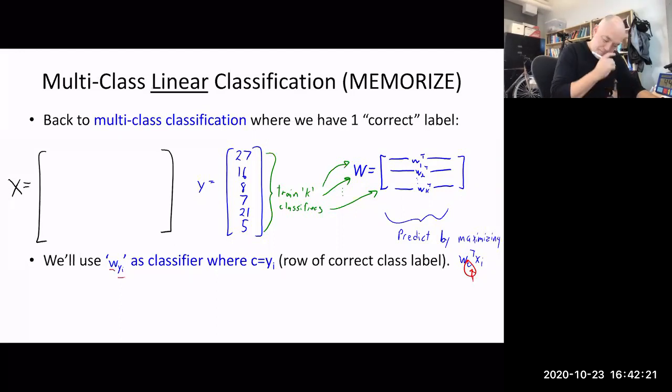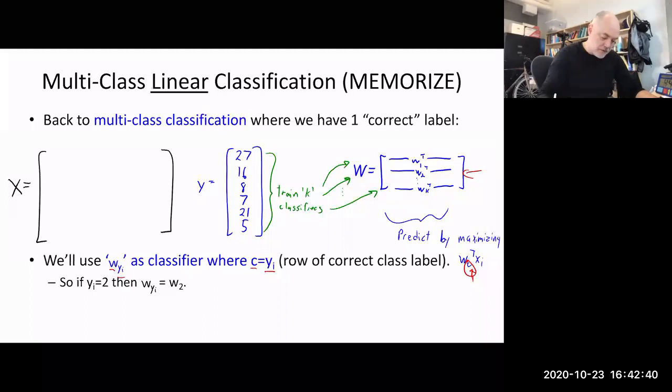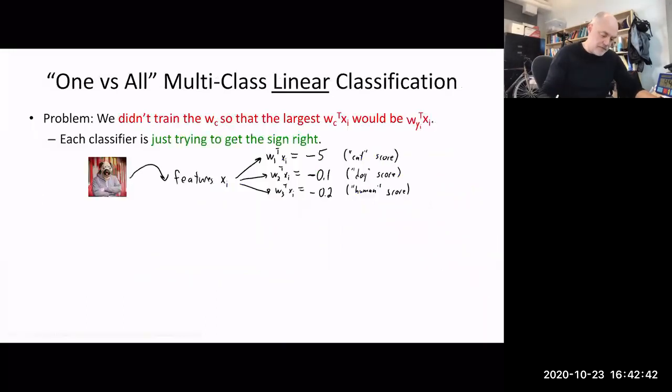WYI is the classifier where the weight vector is the weight vector corresponding to the true class. It's the row of this corresponding to the true class label. So y equals 2, then wy equals w2, okay?